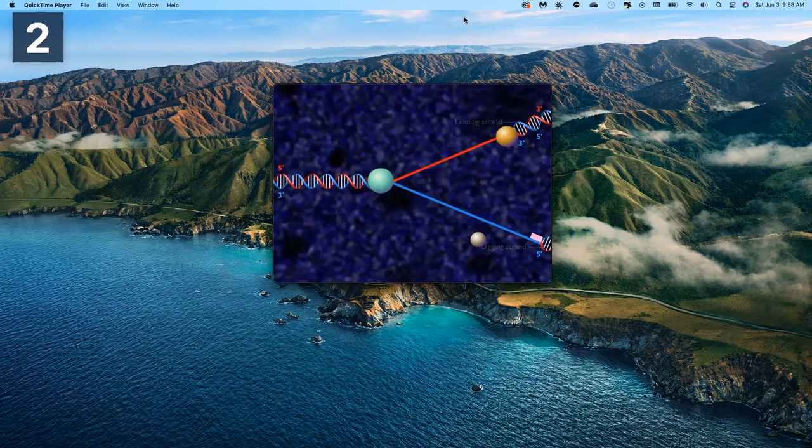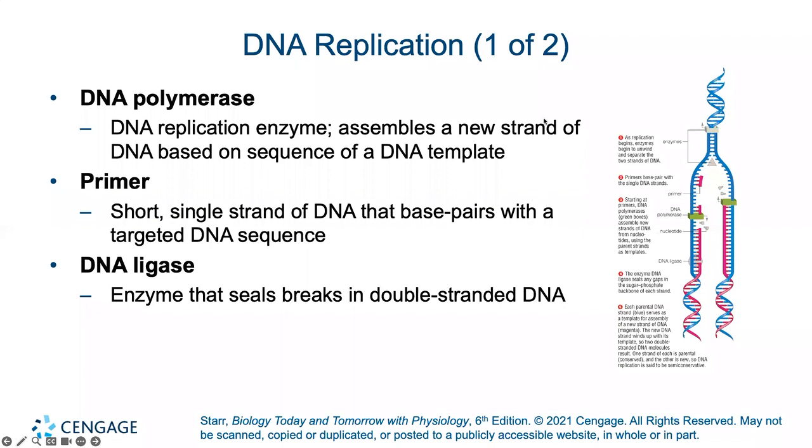During DNA replication, the leading strand is synthesized continuously, while the lagging strand is synthesized discontinuously. So one strand is made continuously, one strand is made in segments, okay?